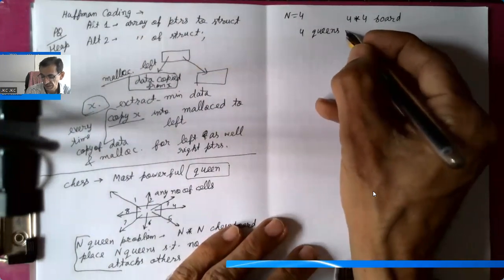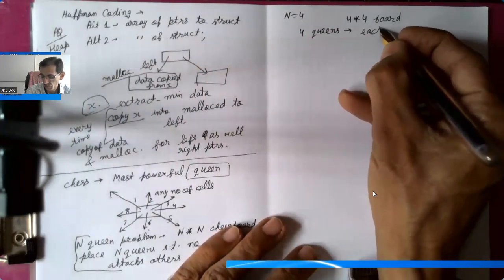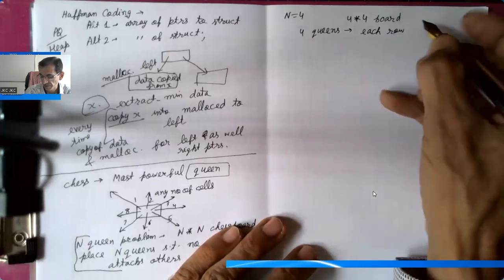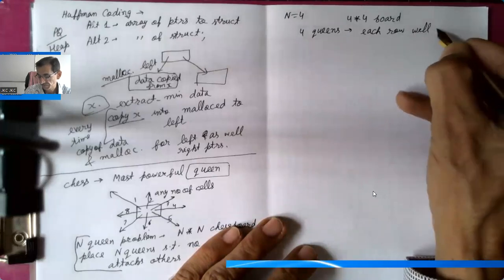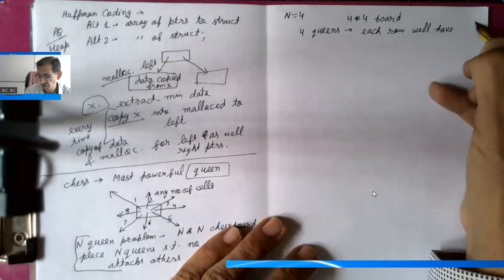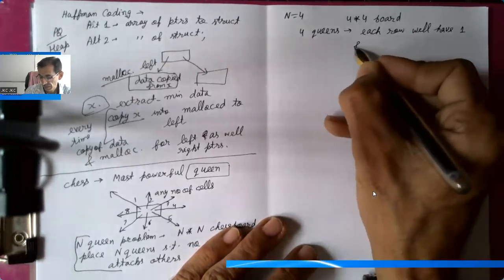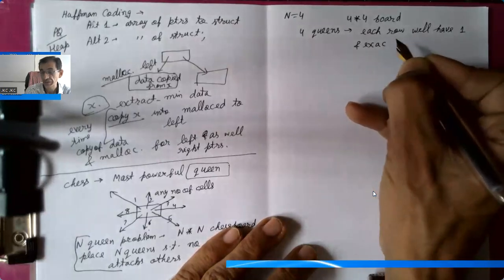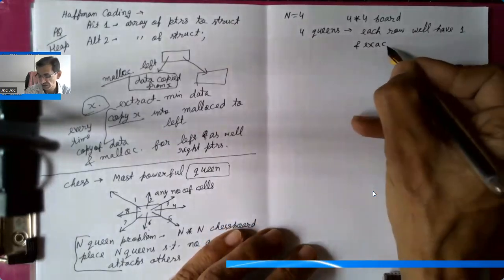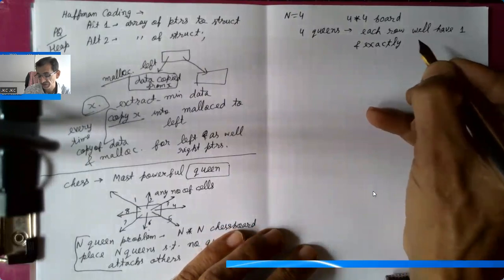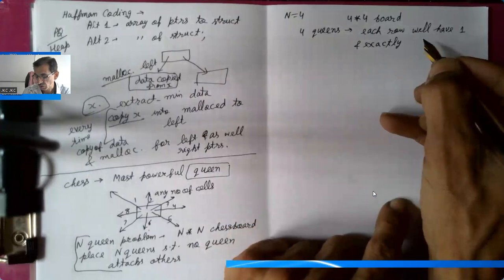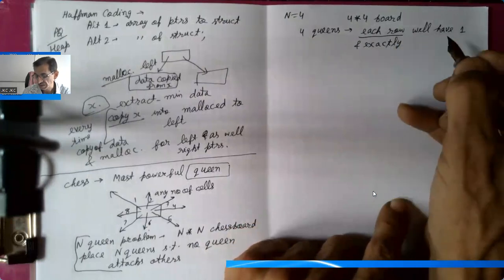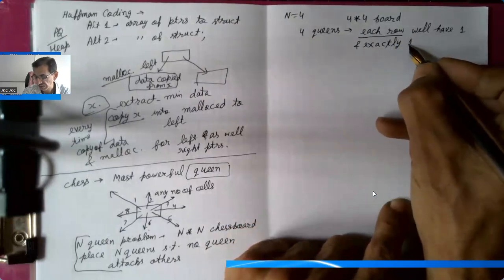One thing is clear: each row can have one and exactly one queen. That is the first and foremost thing, because n queens are there and n rows are there. Row-wise attack definitely happens, so within one row I can't have more than one queen. So I can guaranteedly say each row will have one and exactly one queen.